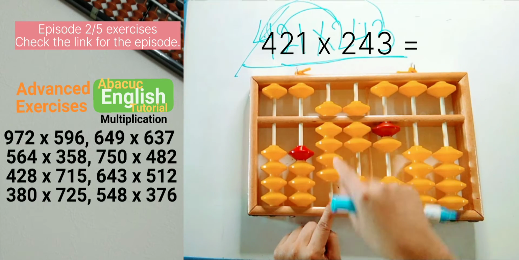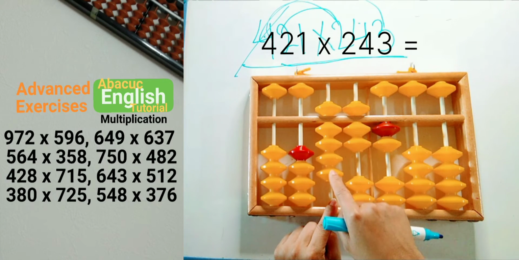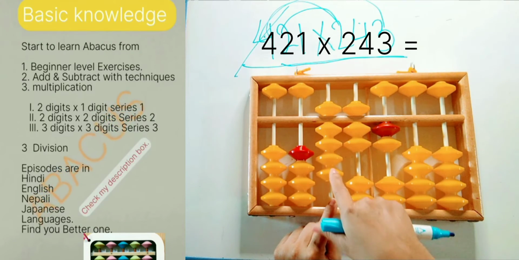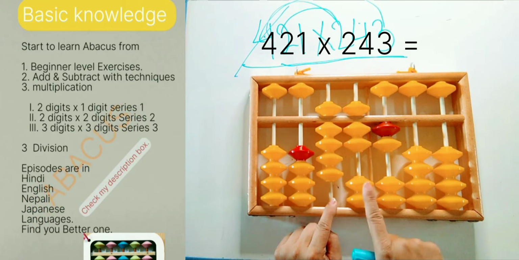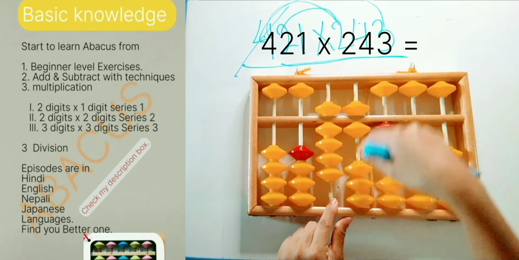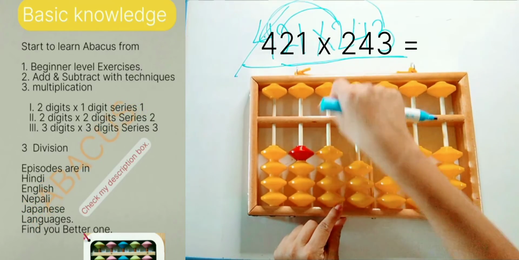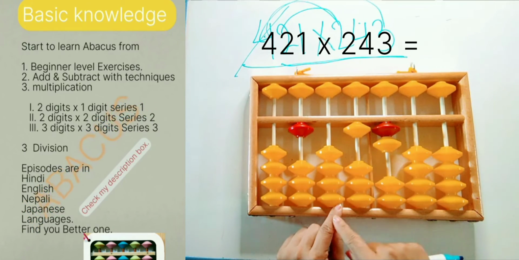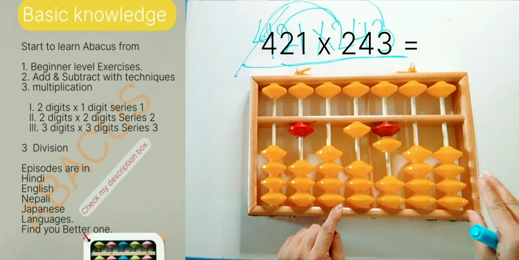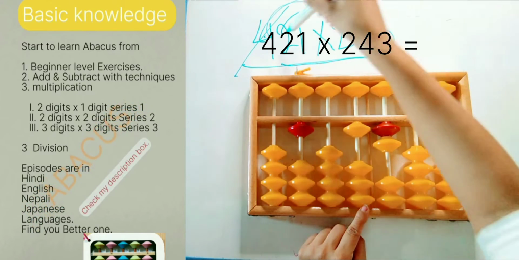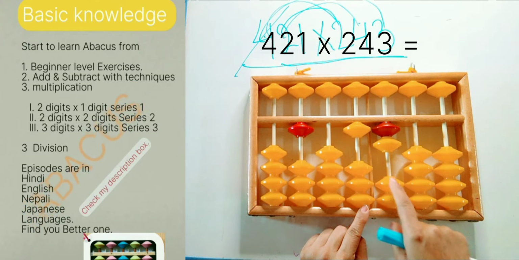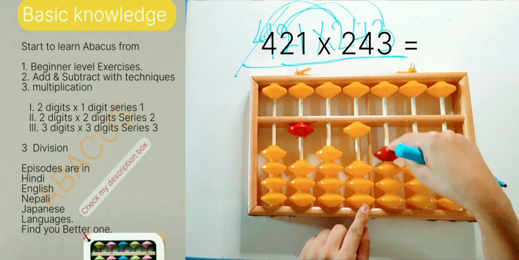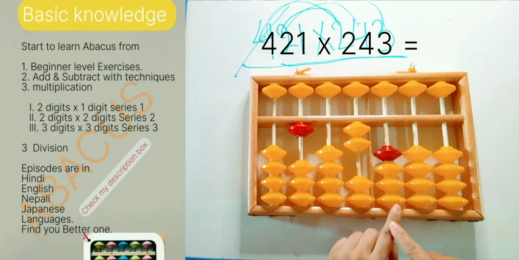But all the beads from this rod are also moved, means ones rod, tens rod, this is 100 rod, so I am going to borrow this 100 to add 4 here, means reducing this 6, all these beads and borrow this one. This is how to borrow 100 for addition technique. Okay, and since 2 4s are 8, 0 8, so for 8 I am going to borrow this 10, so reducing 2 and borrow this one. Change.